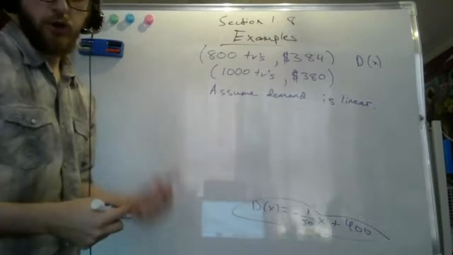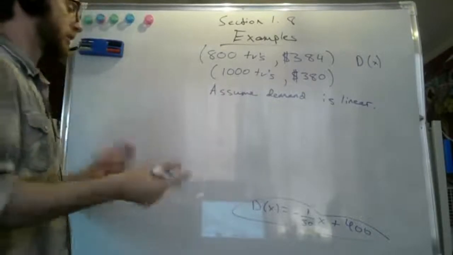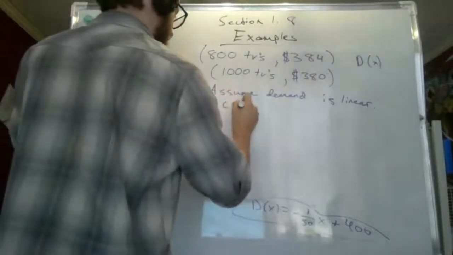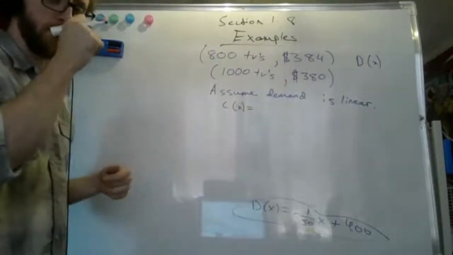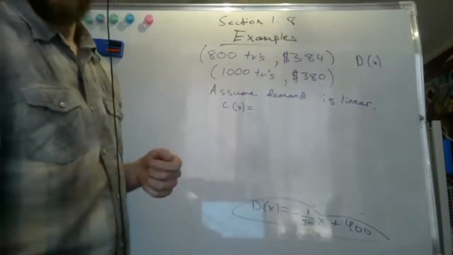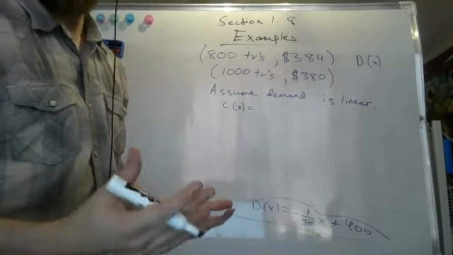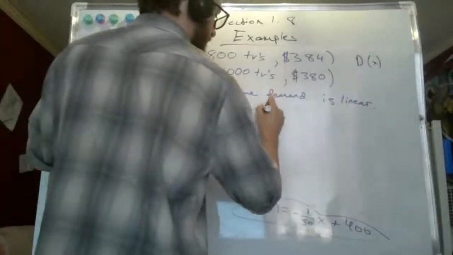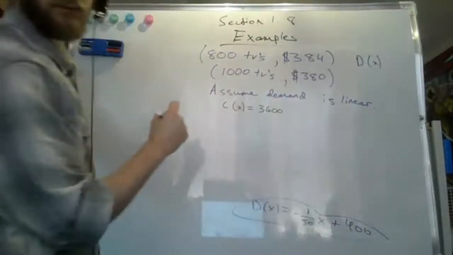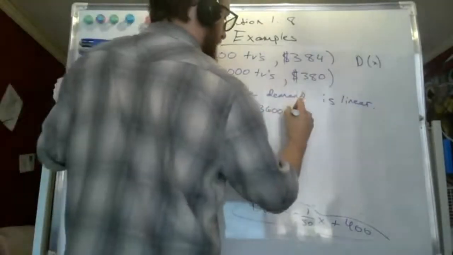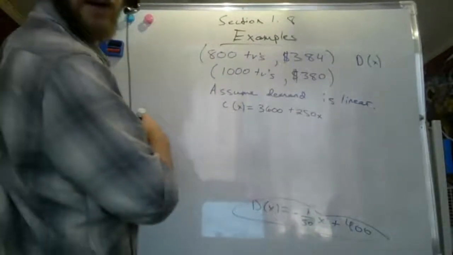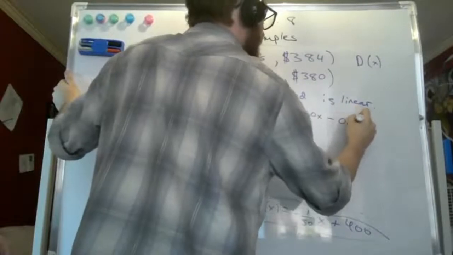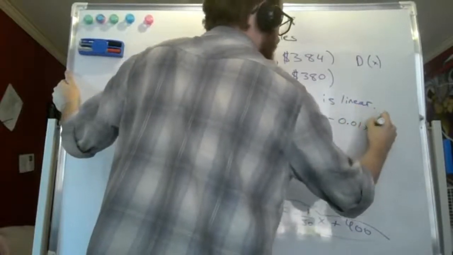Okay. Total cost for producing, so cost, this is our C of x. And in this case, the word problem actually writes out the equation for you, but don't expect that to happen every time. So total cost for producing is 3,600 plus 250x minus 0.01x squared.